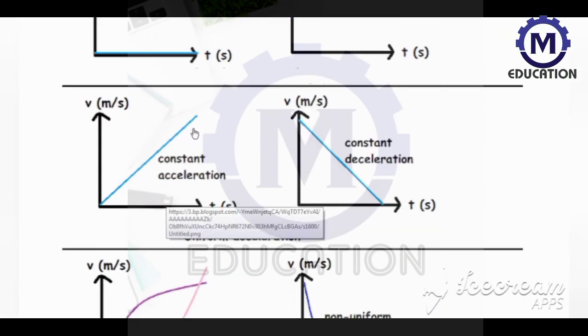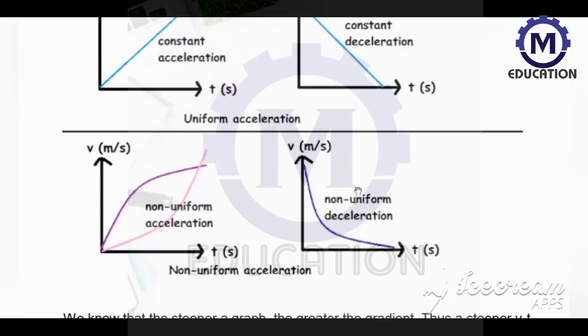Here constant acceleration means the change in velocity per unit time is constant for positive acceleration, and this is deceleration or negative acceleration, but constant deceleration. Here is non-uniform acceleration, where the change in velocity per unit time is changing. Here the change in velocity per unit time is greater than in this portion.